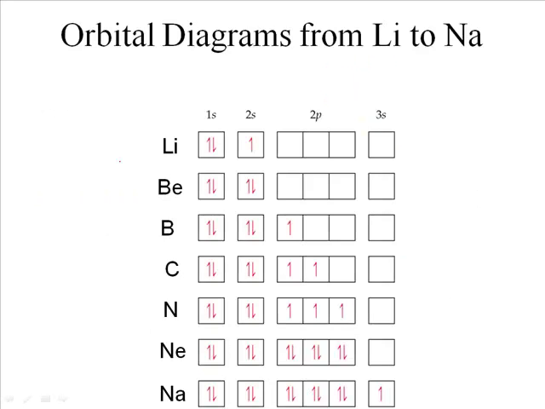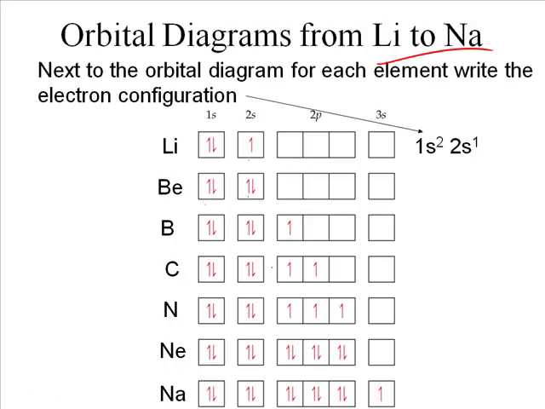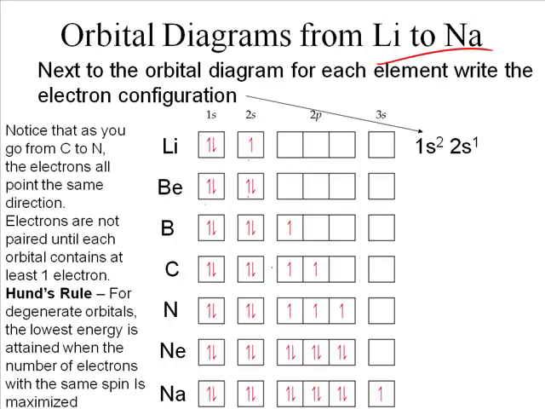Okay, so here are some different orbital diagrams from lithium all the way to sodium. Notice here that lithium is 1s2, 2s1. Beryllium would be 1s2, 2s2. Notice here with carbon and nitrogen. One of the things that's important is for degenerate orbitals, meaning orbitals that are not filled, the lowest energy is attained when the number of electrons with the same spin is maximized.